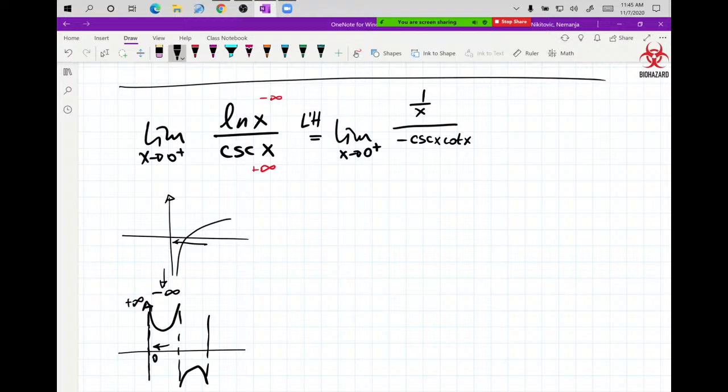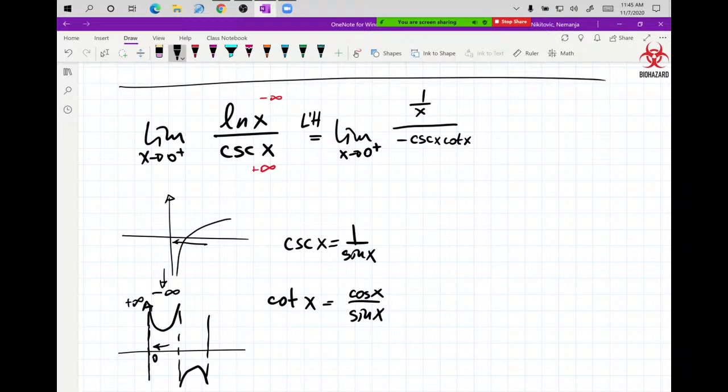So now let's take a look if we can simplify this. Cosecant x is 1 over sine x, and cotangent x is cosine x over sine x.